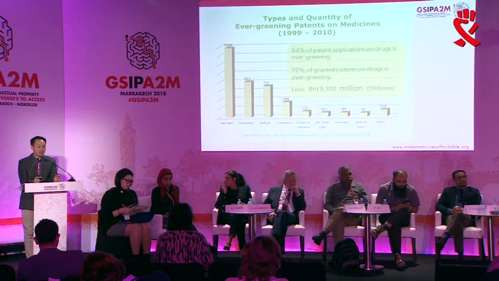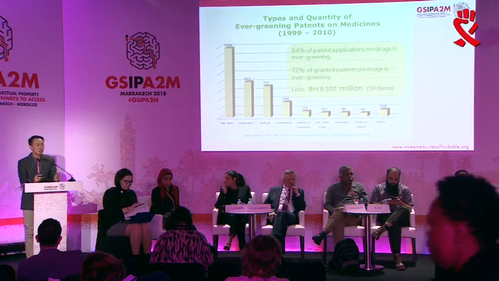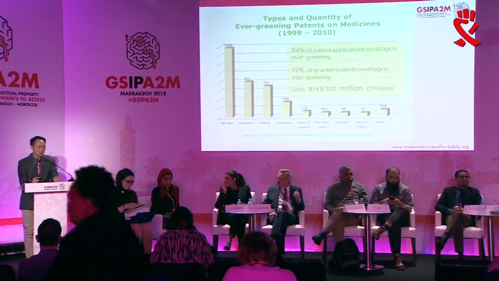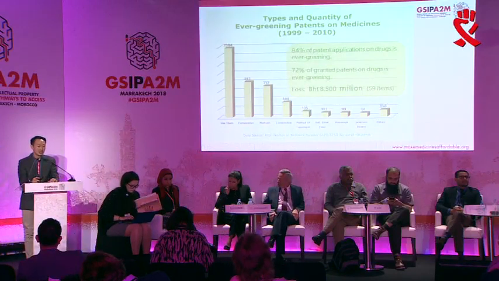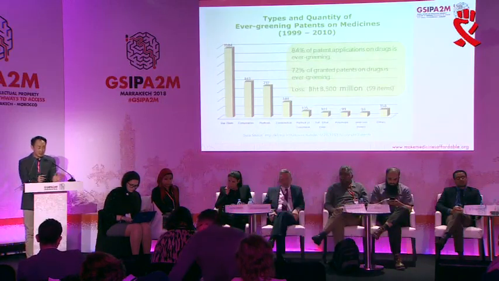Based on this information as well, we have lost a lot of money that we were not supposed to spend on those medicines, more than about 8,500 million baht, covering about 95 items in that 10 years.